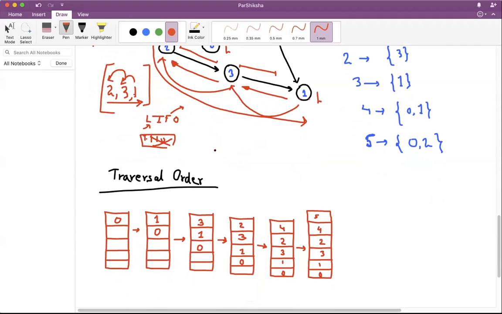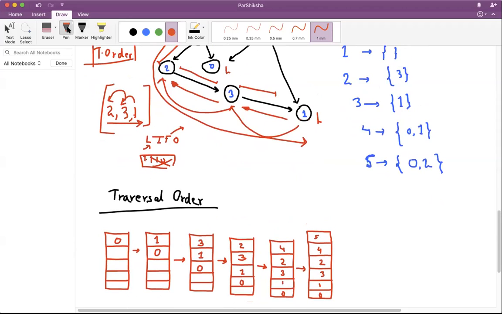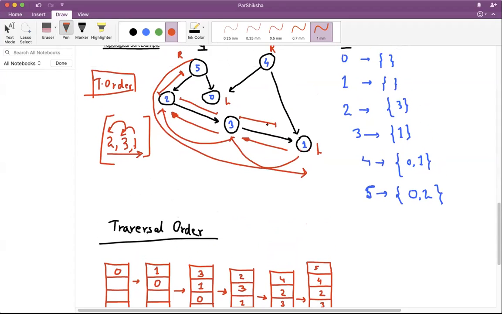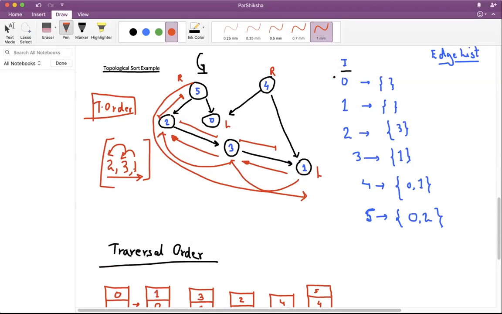A lot of people are not able to guess that this should be using a stack. But keeping that aside, if we already know that we need to use a stack, the way to go about it is pretty much very simple.